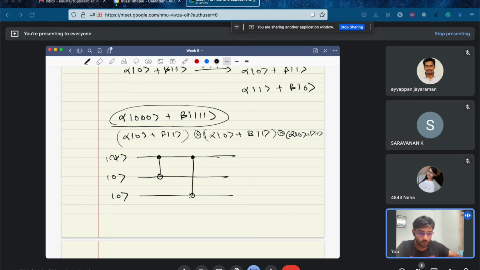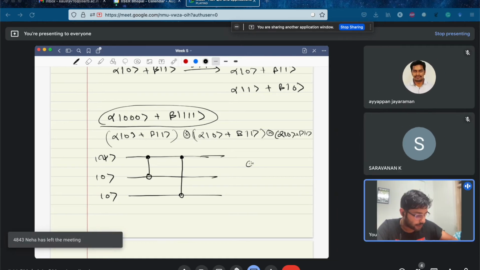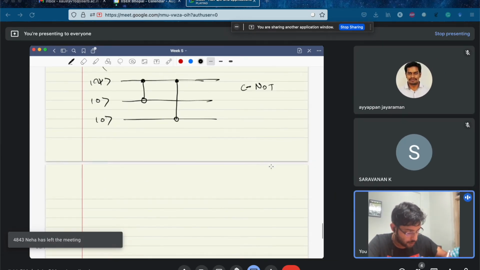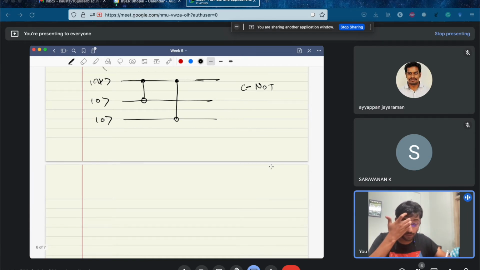So yeah, you have already seen that this is a CNOT gate. I'll give a brief recap also for you. So let's say you have a 2-qubit CNOT gate, okay. There is a control, we call this the control, and this is the one which is going to get changed, the second qubit. Okay.